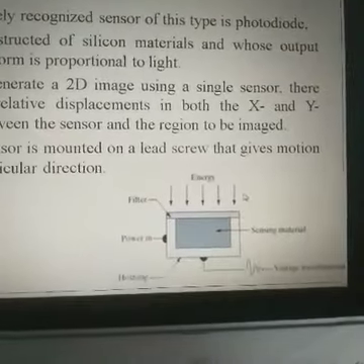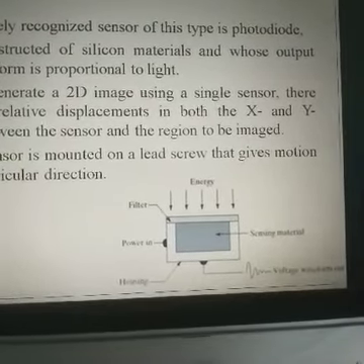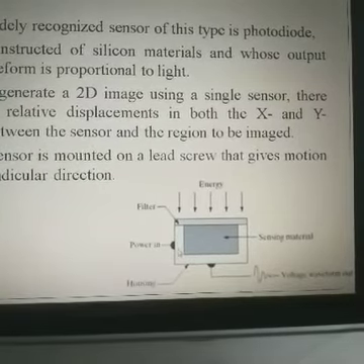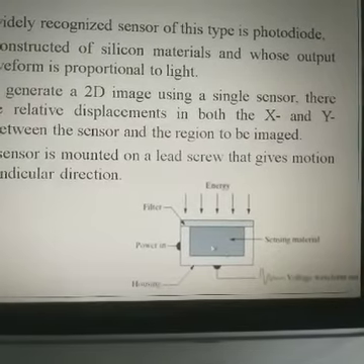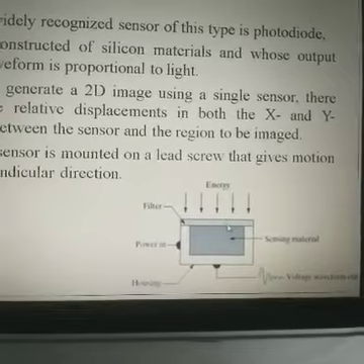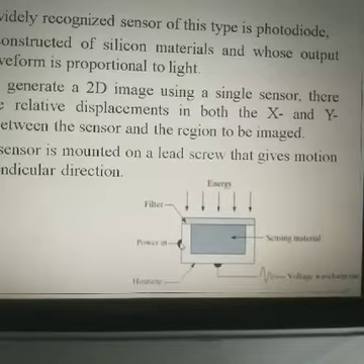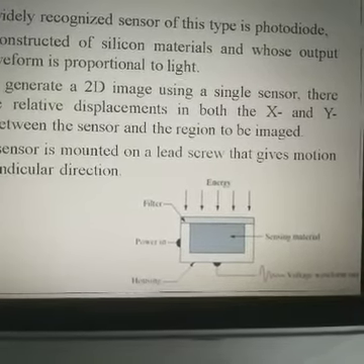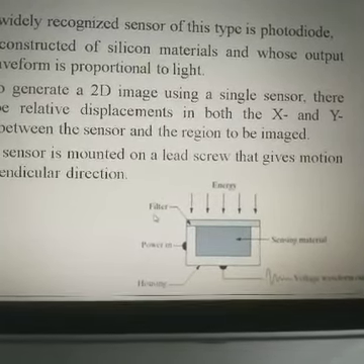Here is the block diagram of the single sensor, in which there is a voltage waveform out, a power in, the housing, and the sensing material. Here a filter is placed and the energy is passed. When the power is on, voltage is applied to the sensing material. The filter is applied to filter some effect.